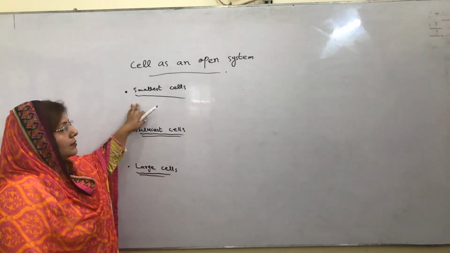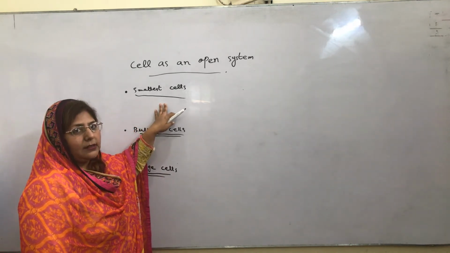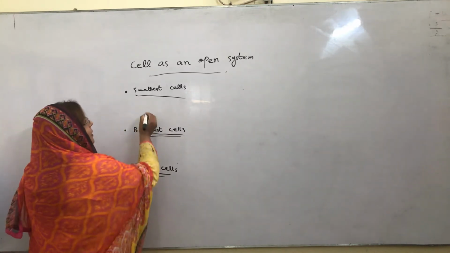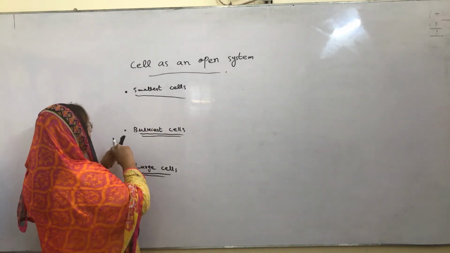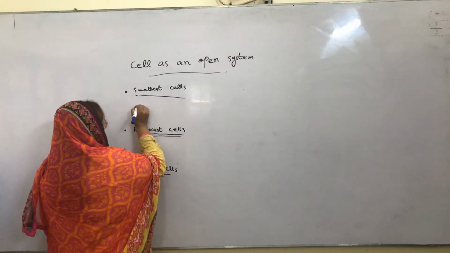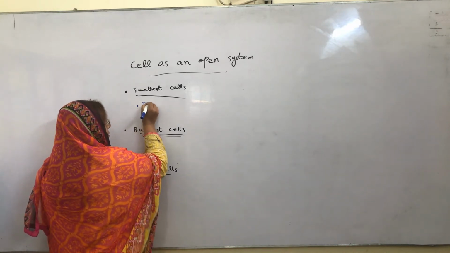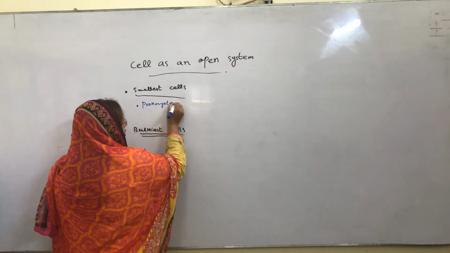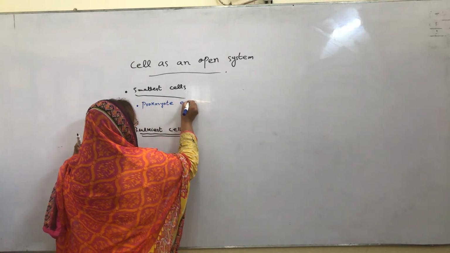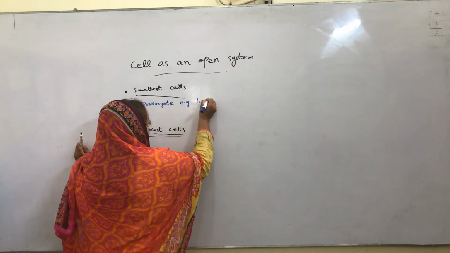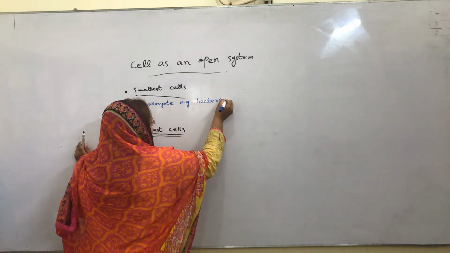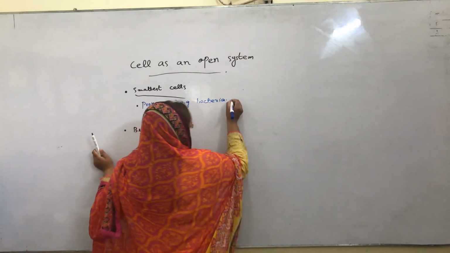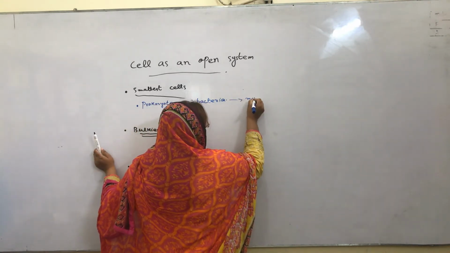So now we will discuss these characteristics with the help of examples. Smallest cell, bacteria. Bacteria are the smallest cells, prokaryote. For example, bacteria, they are the smallest cells.